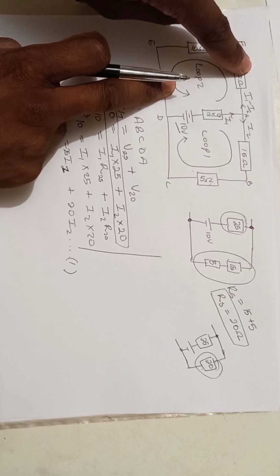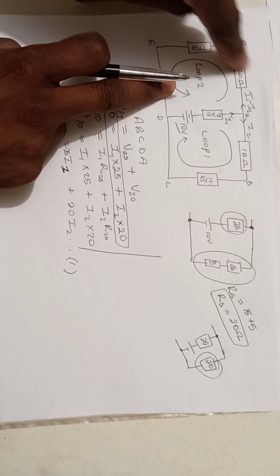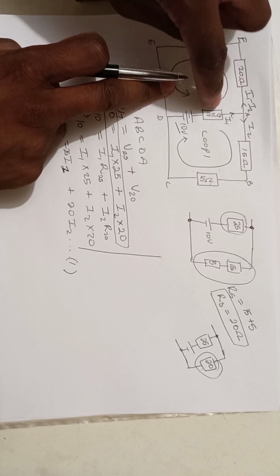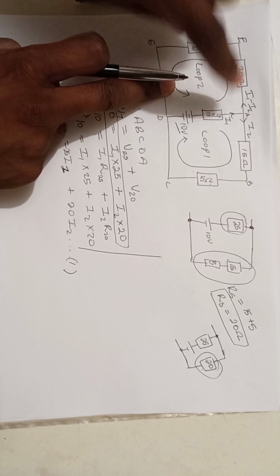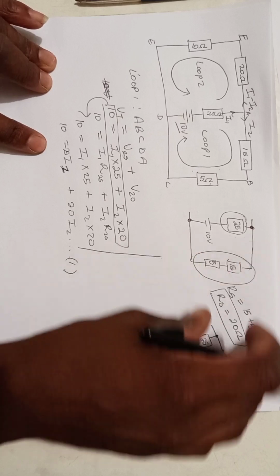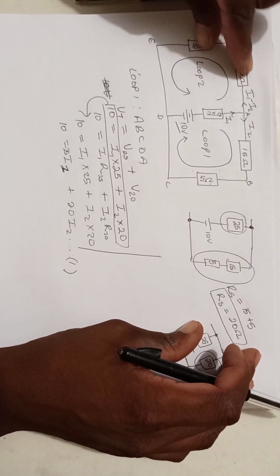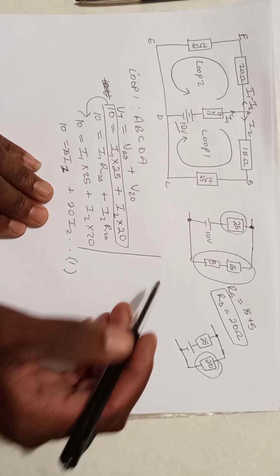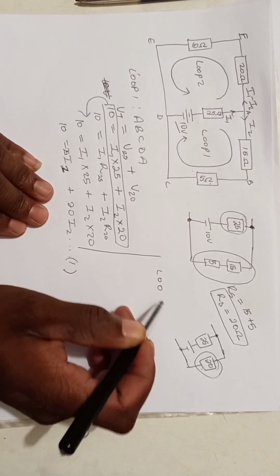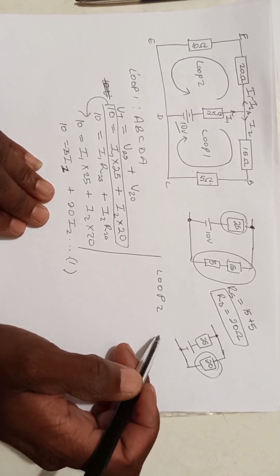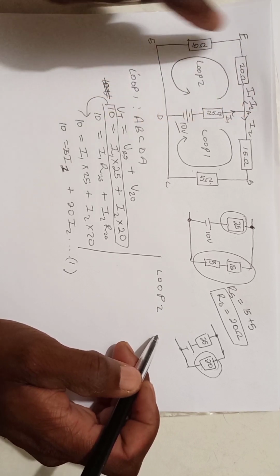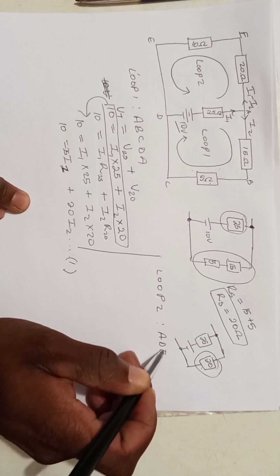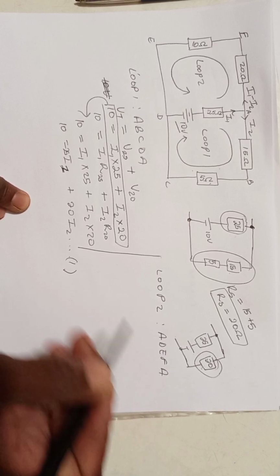So if we add them, we'll get 30, and that 30 ohm resistor is in parallel with 25. What we just did here is what you will also do here. Now let us show which loop we are dealing with now. It's A, D, E, F, A.